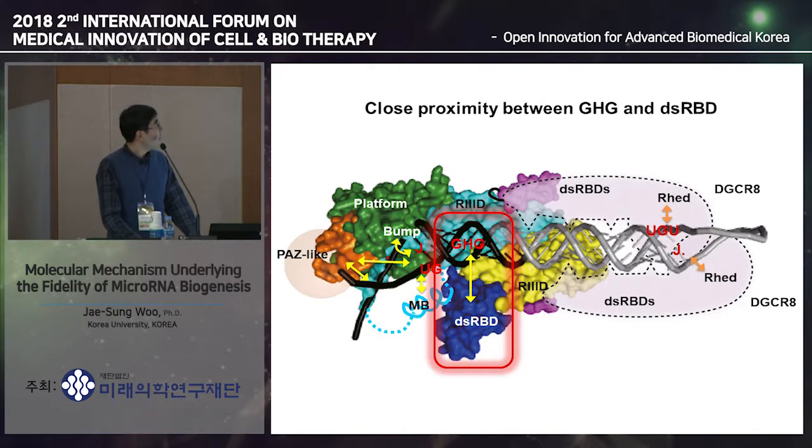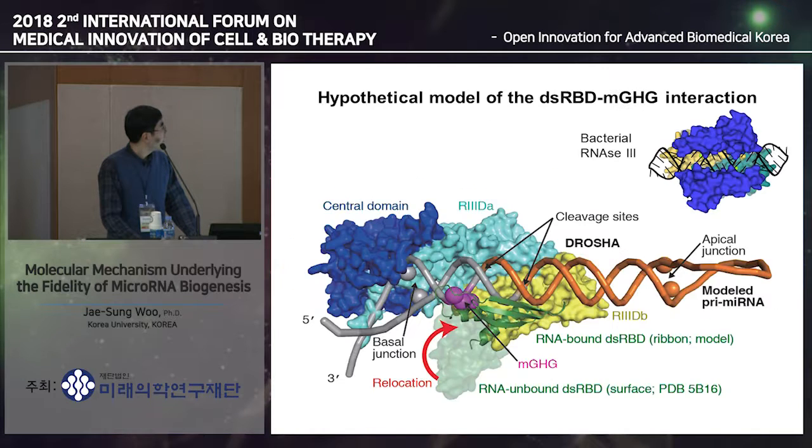Then how is the GHG motif recognized by Drosha? In our structural models, the DSRBD is close to the GHG motif, so we performed a mutational study.